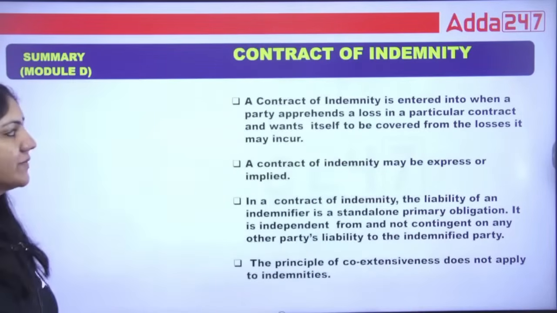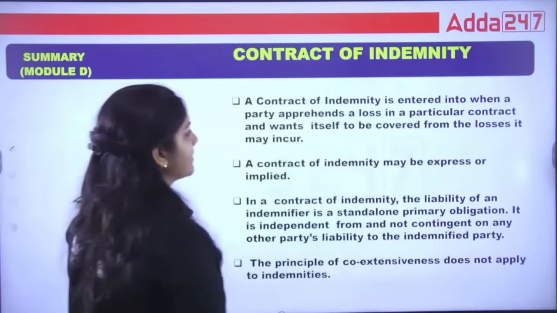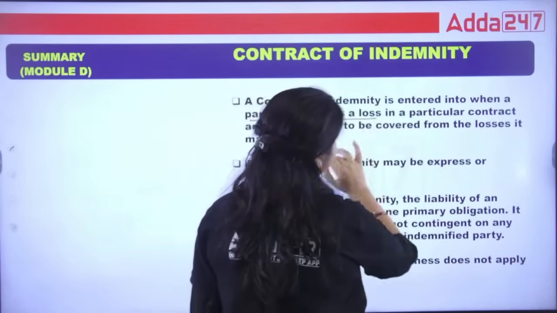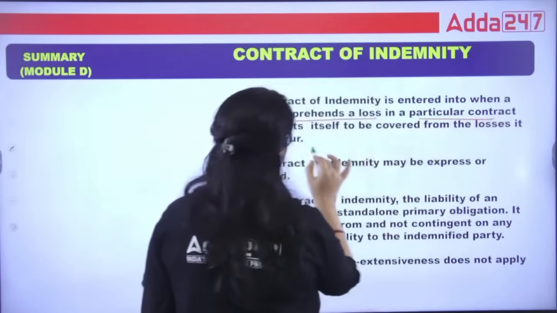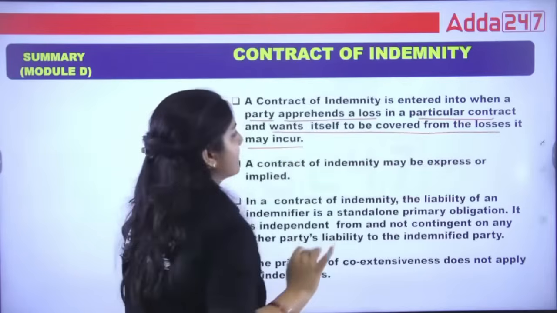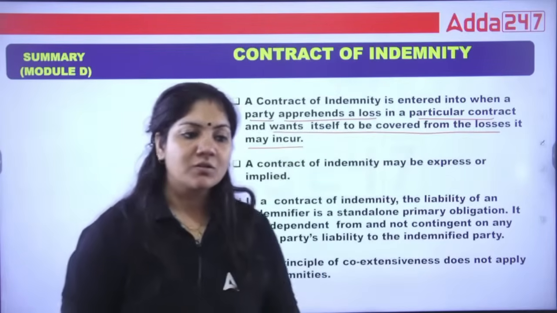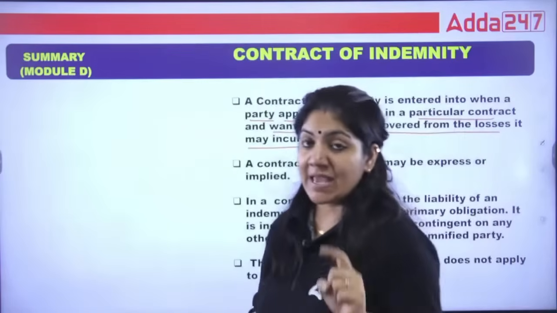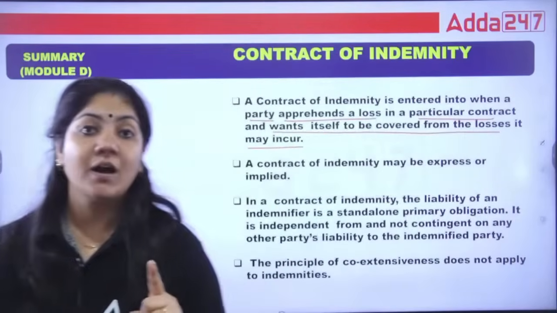Now, the contract of indemnity. So guys, the contract of indemnity is one in which a party apprehends a loss in a particular contract and wants itself to be covered from the losses it may incur. It means in the contract of indemnity, there must be loss to one party and protection from loss by the other party.